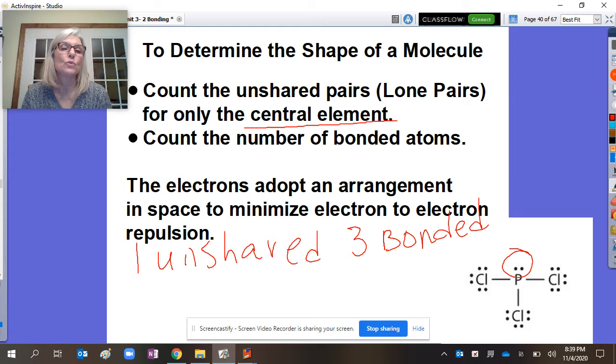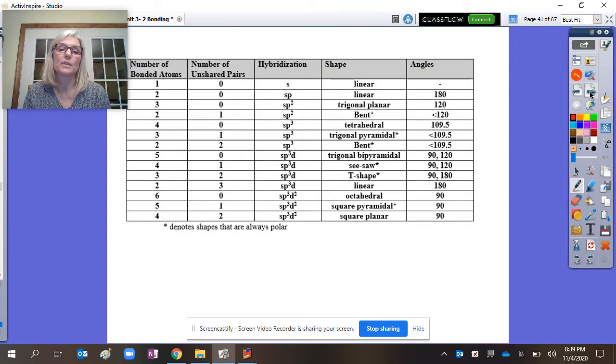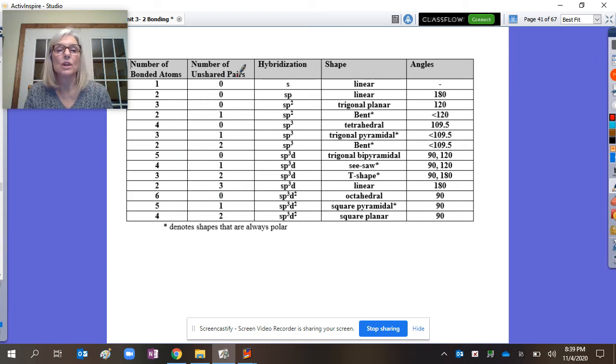Now look at your reference sheet, and I'm going to pull it up right here. We have one unshared pair, but we have 3 bonded atoms. So I'm going to find a 1 and a 3.